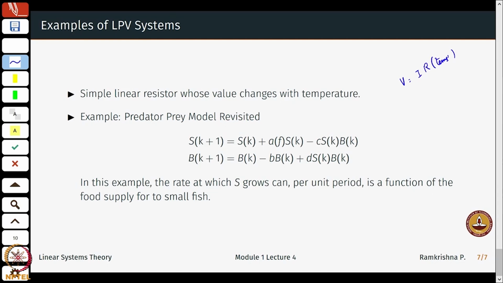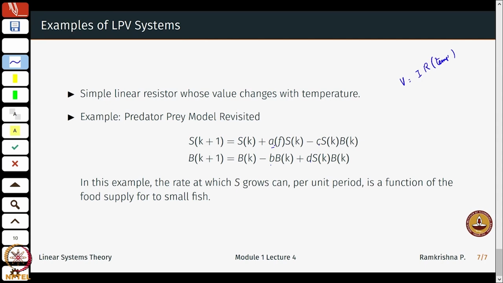Let us revisit the predator prey model, to see what parameter varying could actually mean in some of those cases. A, B, C and D governed how the system actually behaved. A was the rate at which my small fish was multiplying. One way of influencing the rate of growth of the small fish could directly depend on the amount of food that is available.